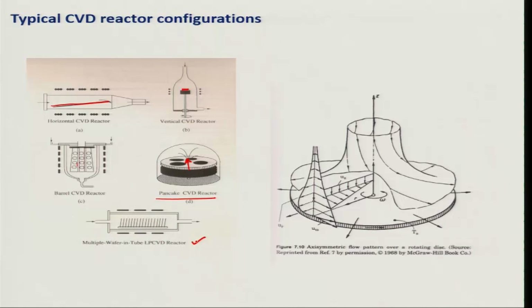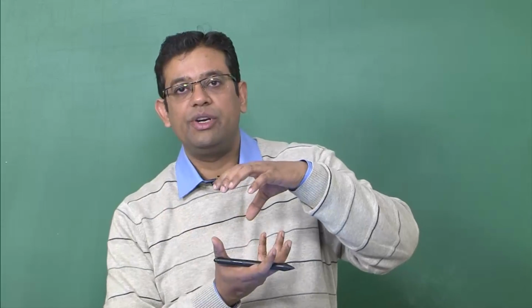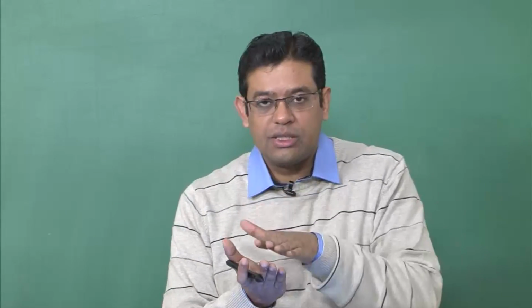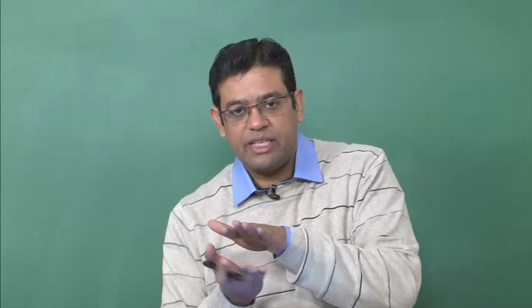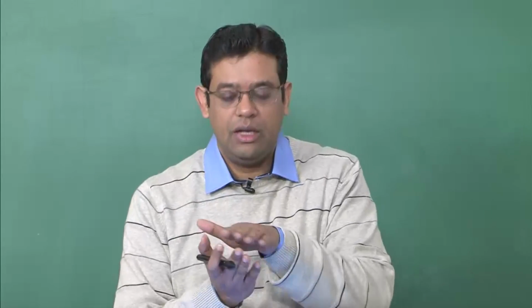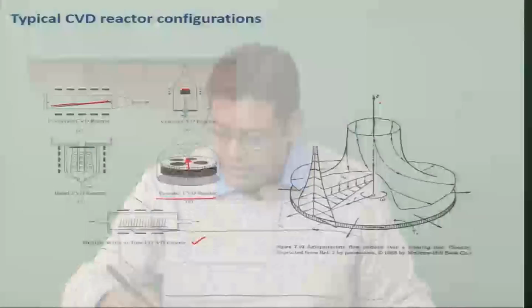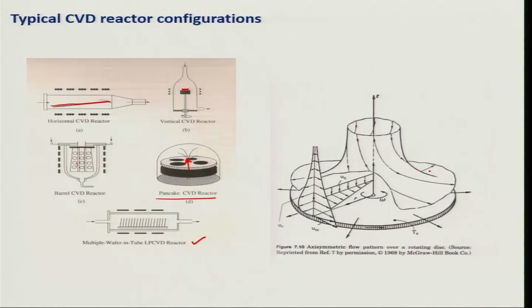This figure also shows that, because of uniformity, you sometimes need to have a rotation of the substrate or substrate holder, and this substrate holder will also rotate the boundary layer along with it, because there is no relative motion between the boundary layer and the substrate. So, when the substrate is moving, that boundary layer also will move, and this will develop into a flow pattern which will help in increasing the uniformity of the thin film.